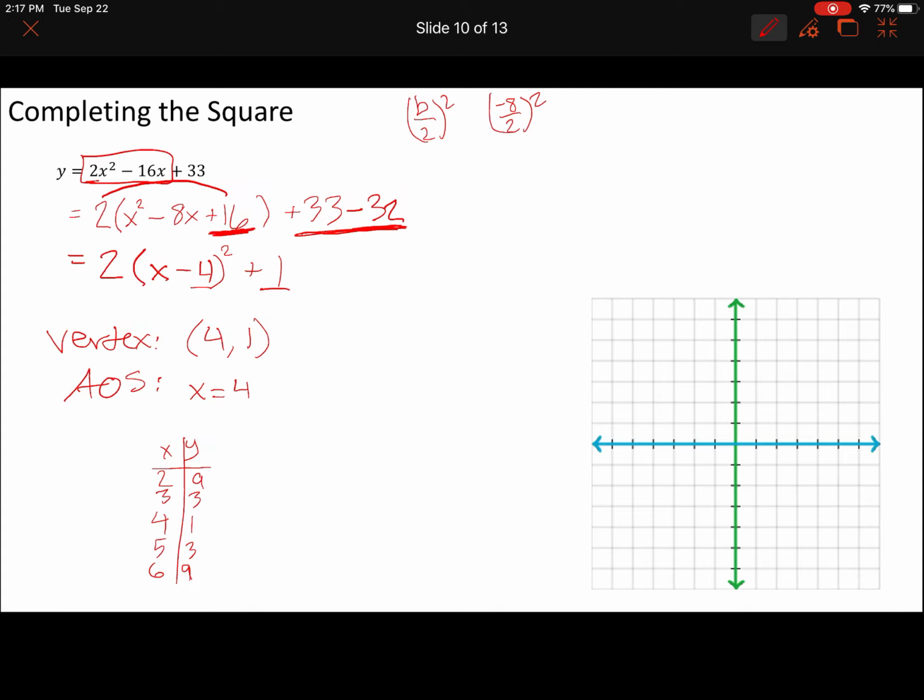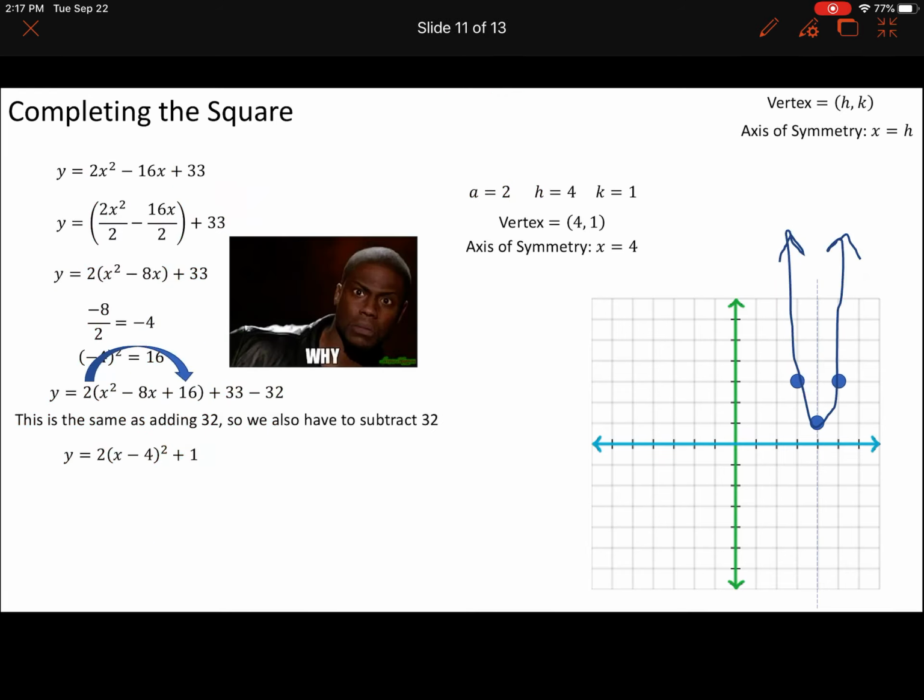Okay, let's see if this fits on my graph. So 4, 1, that's my vertex, 3, 3. And then it actually goes off a little bit. And there we go. There's my graph.